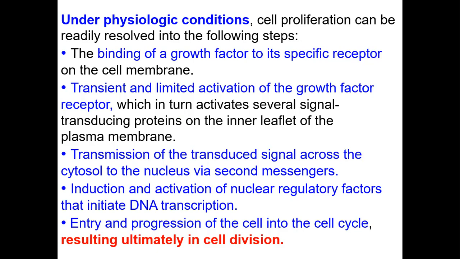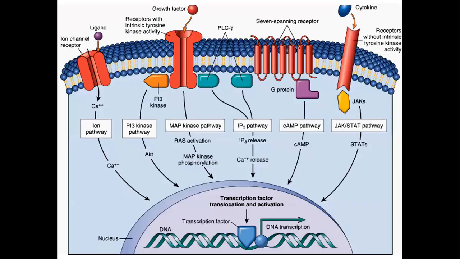Then a transmission of this signal across the cytosol to the nucleus via second messengers and induction and activation of nuclear regulatory factors that initiate DNA transcription. بهذه الحالة راح يصير عندنا entry of the cell through the cell cycle ويصير بها division. الريزلت تكون division of the cell and proliferation.